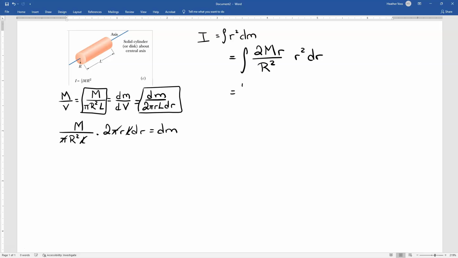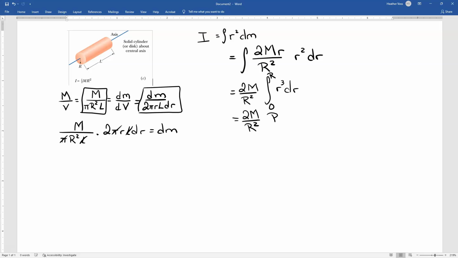So it's going to give me 2 big M over big R squared, times the integral of r cubed dr. And we are going to go from where we start, which is at the center, to where we end with our mass, which is out at big R. So that's our limits.